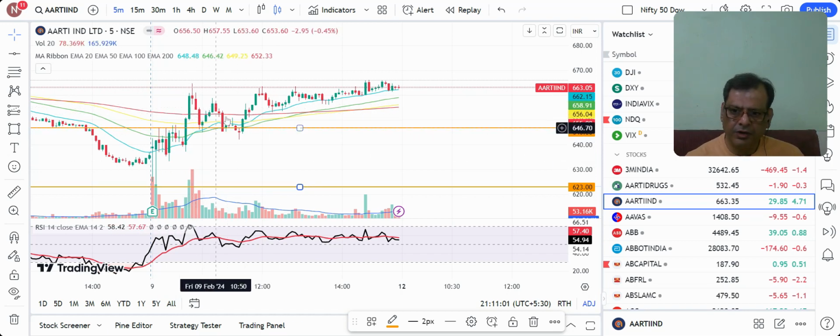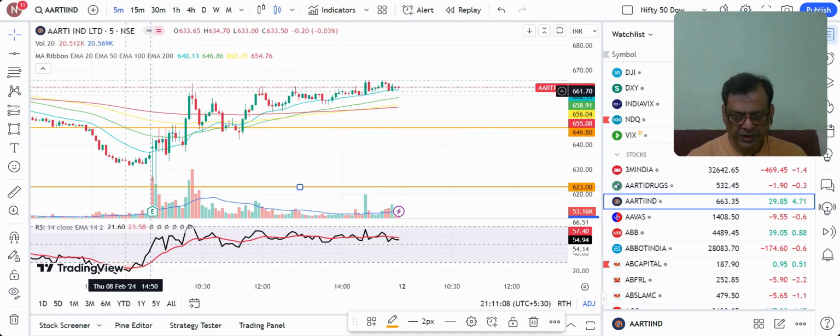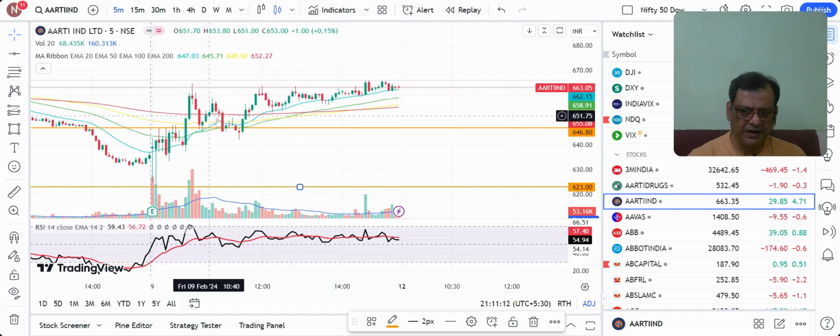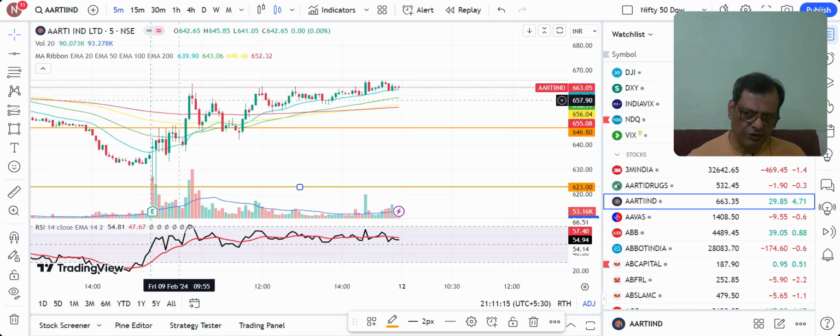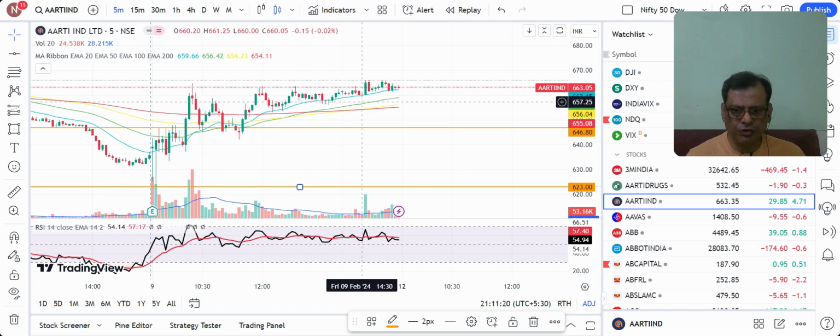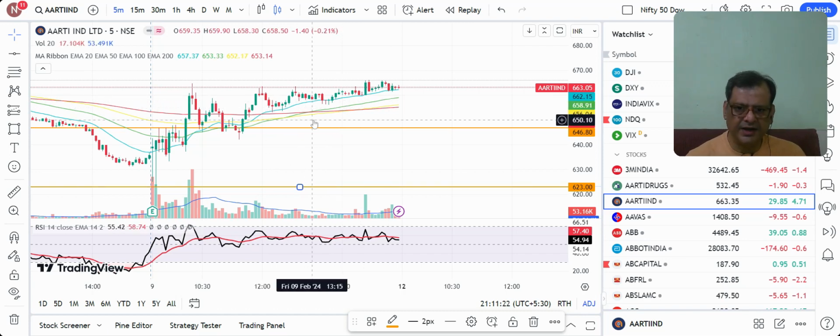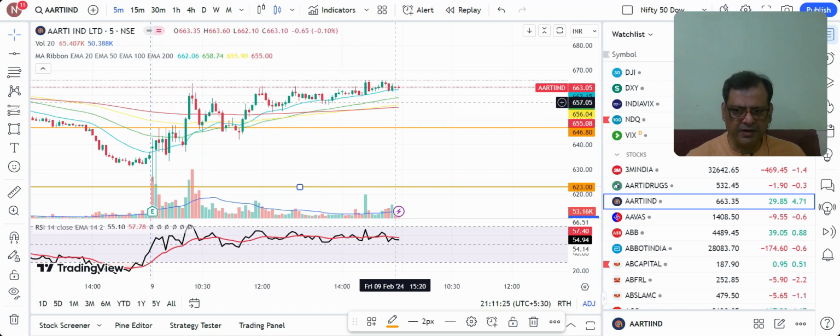So this is how we saw opening range breakout on two stocks here. But please remember, Nifty was choppy and in the range. But this stock did not exactly. It also went up and down, but it stabilized and it slowly started respecting the 20 EMA and remained above it.